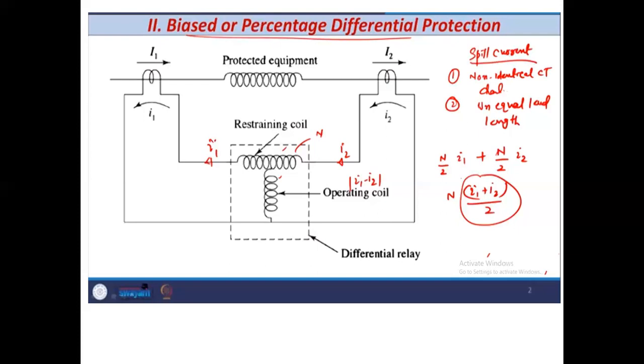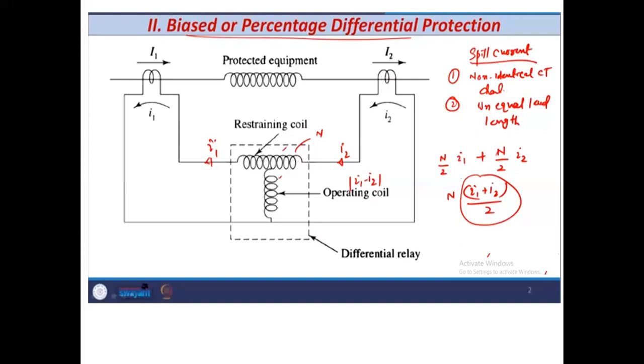So if we use this, then because of the two problems, non-identical CT saturation characteristics and unequal lead length, even though I1 and I2 are not equal and spill current still flows, the relay does not maloperate.